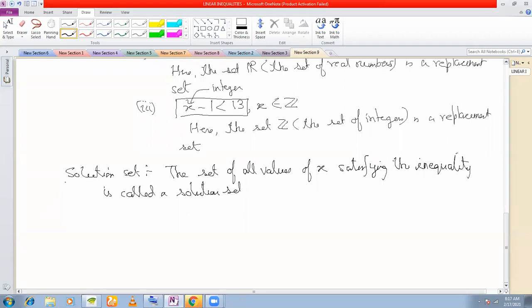The set of all values of x which satisfy the inequality.